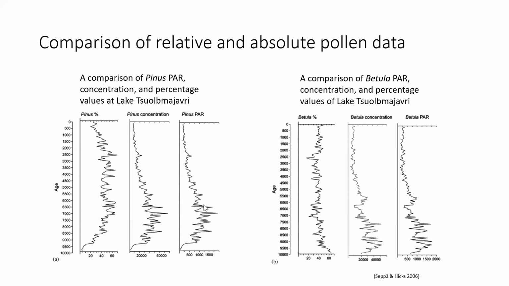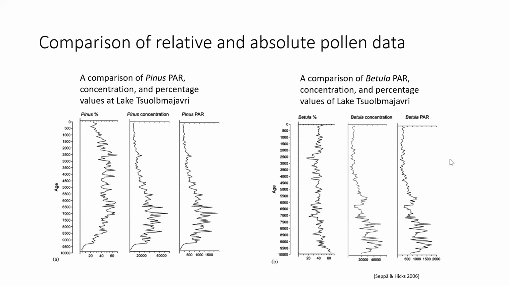But if we look at the concentration and the pollen accumulation rate, we see that in both pine and birch, the abundance of pollen accumulation is decreasing. So even though there's a compositional change and it seems that the proportion of pine is growing, at the same time the actual abundance of the species is decreasing.